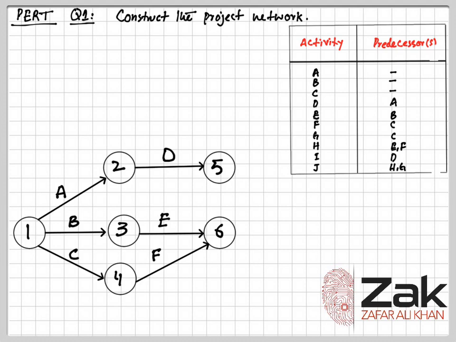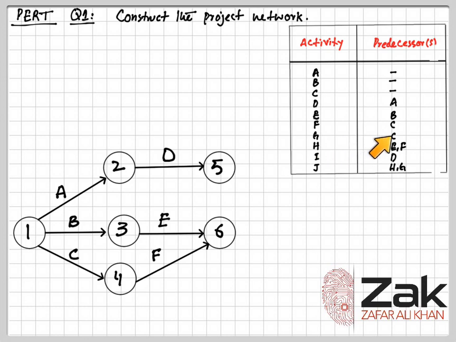So you need to understand that you would have to observe this predecessor table, where if you see 2 activities are the predecessor for one of the activity, then you would have to make sure that these 2 end together at the same node.